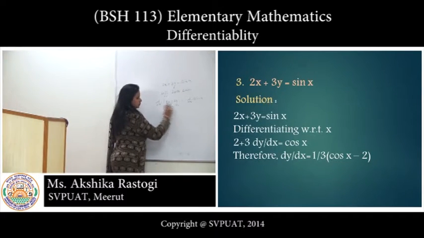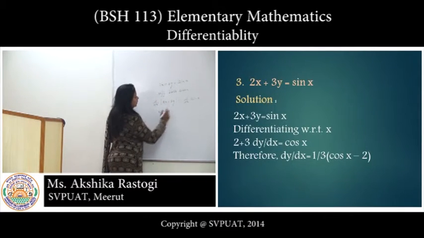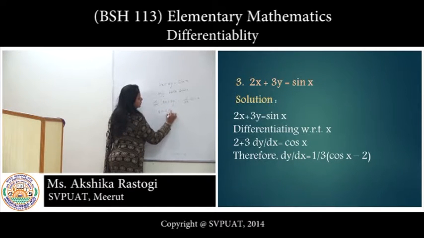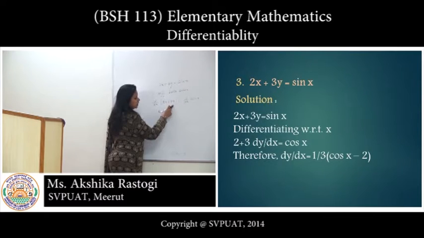Now it holds a kind of linearity property. We differentiate this, then this. If we differentiate 2x, 2 will come, because the differentiation of x is 1. Then 3y will be 3 dy by dx, because differentiating y with respect to x gives dy over dx.